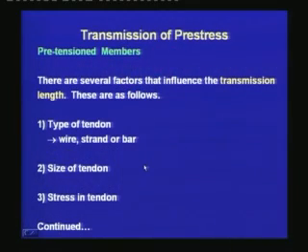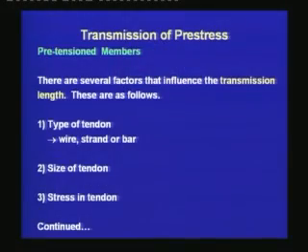The second factor is the size of the tendon. Are we having a single wire or are we having a cluster of wires? That depends upon the size of the tendon, and hence you will observe that for a smaller size we have larger perimeter, and hence the bond developed is better for smaller wires.